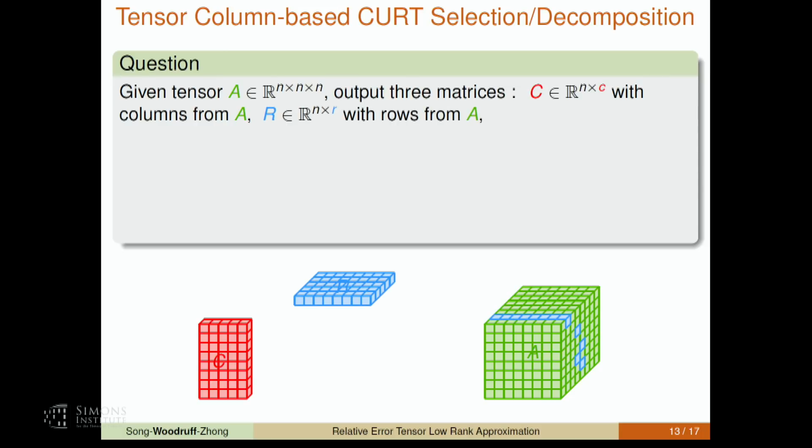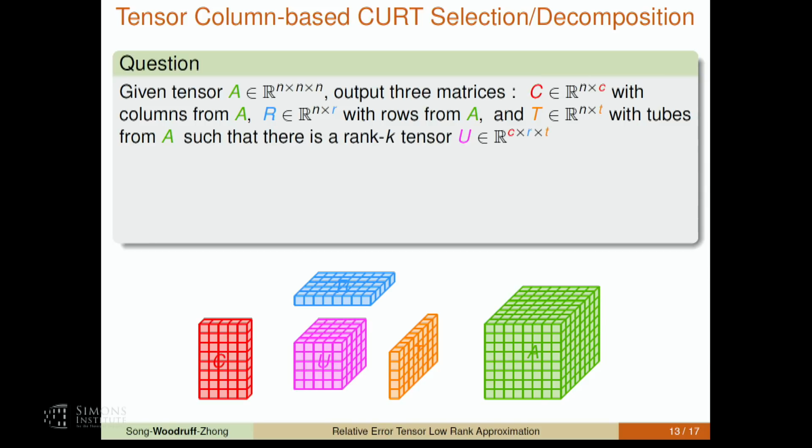You're choosing a small subset of rows here. Here's this matrix R. And a small subset of tubes here. Okay, here are the tubes that you're choosing. And just like for matrices, there's some connecting tensor U here, which glues these together and gives you an n by n by n tensor.